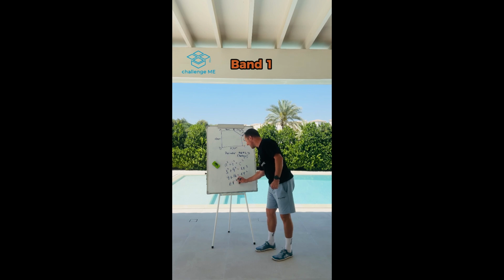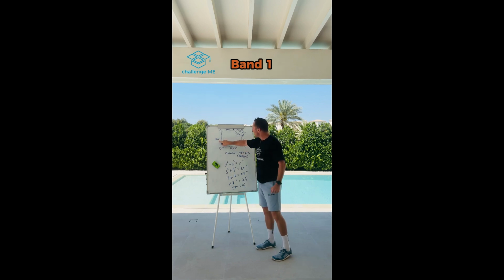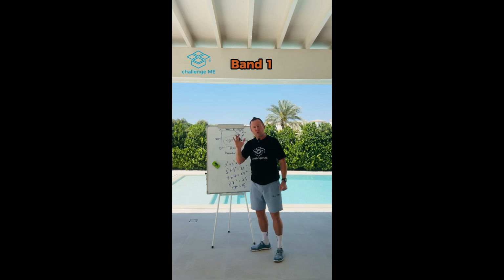EF squared equals 25. EF must be 5 centimeters. So let's add everything up. 6 plus 10, 16, 26, 33 and 5. We have a perimeter of 38 centimeters. Just go through it step by step.